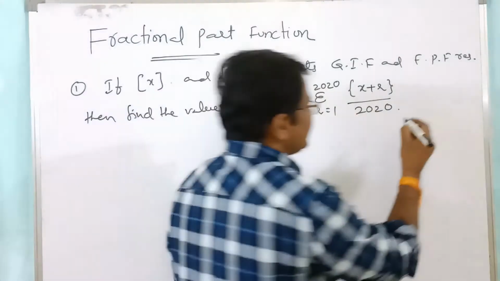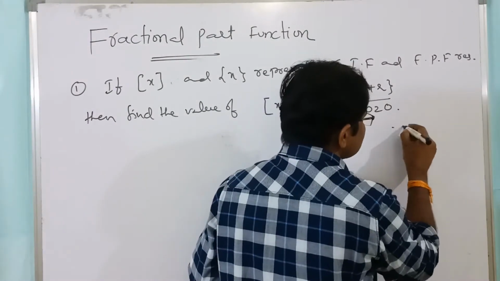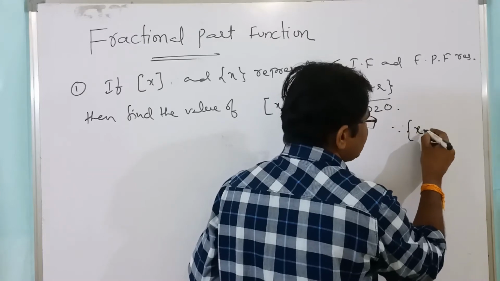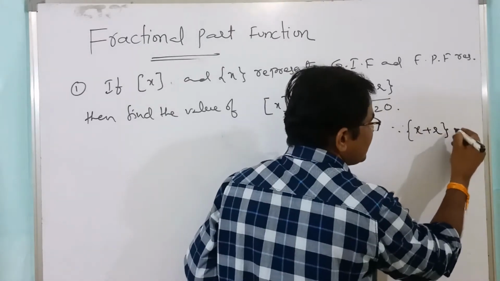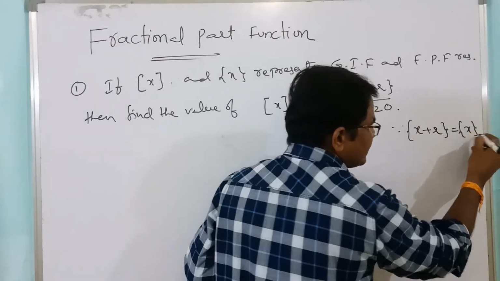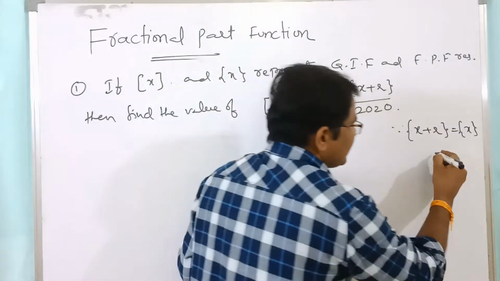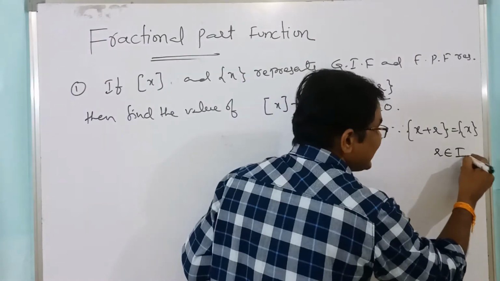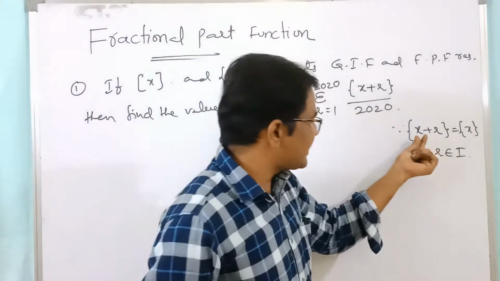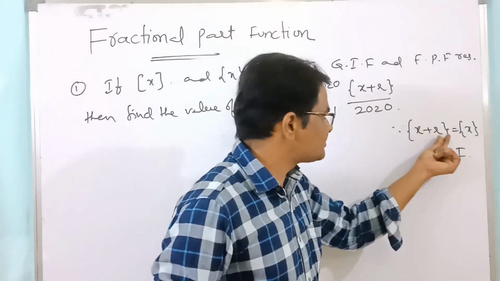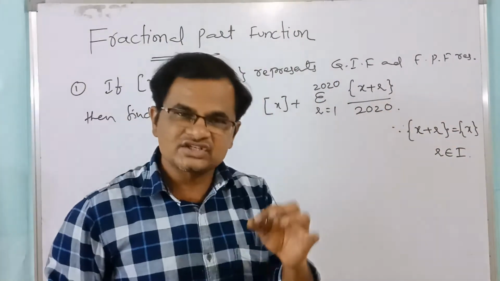So we know this important condition: the fractional part of x plus r is equal to the fractional part of x only, where r belongs to integers. In place of r, any integer you take, the fractional part of x plus r is equal to the fractional part of x only.